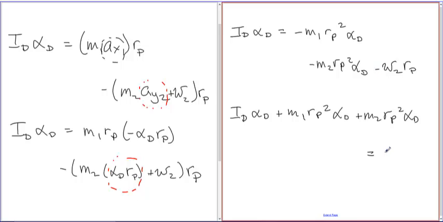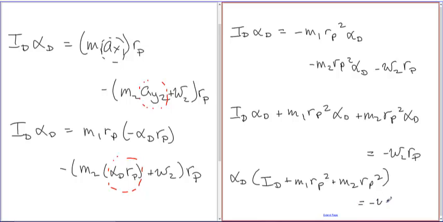And then we got negative W2 times the radius of the pulley. Then you could factor out alpha sub D. It's going to be I for the disk plus M1 R for the pulley squared plus M2 R for the pulley squared. That equals negative W2 times R for the pulley.